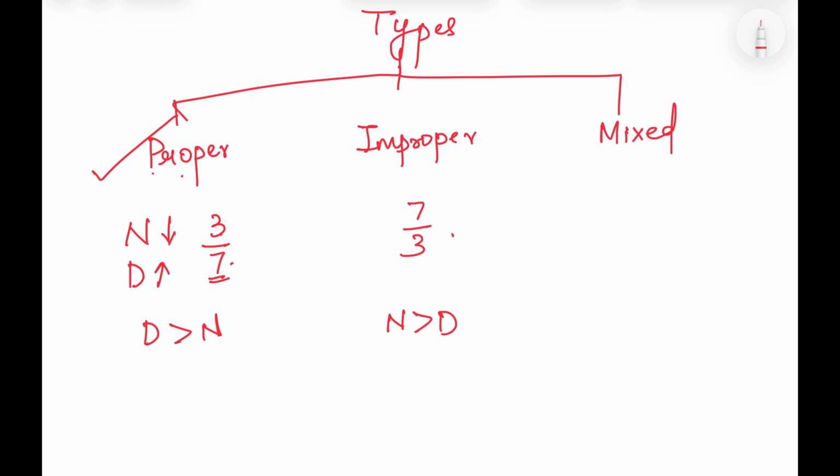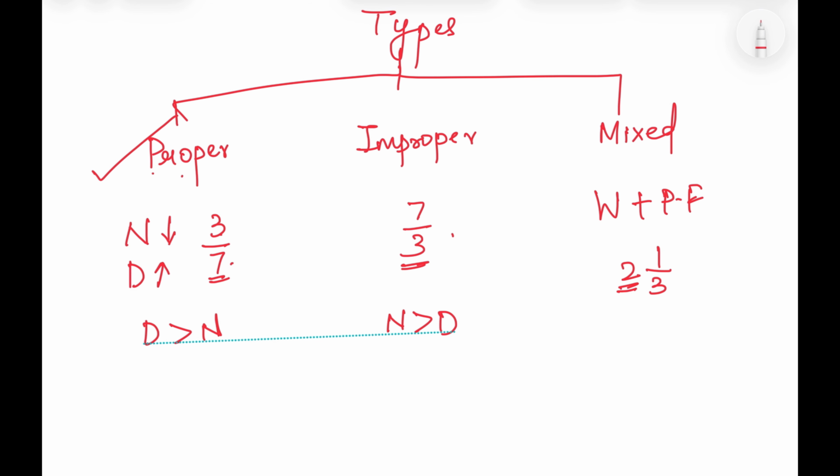And a mixed fraction is a combination of a whole number plus a proper fraction. So how do we write a mixed fraction? If I say write this as a mixed fraction, I will write it like this. I will explain how we convert this, but this is a mixed fraction.